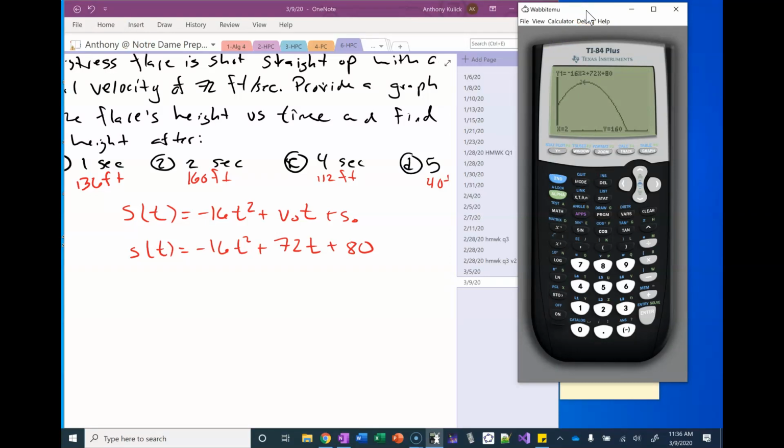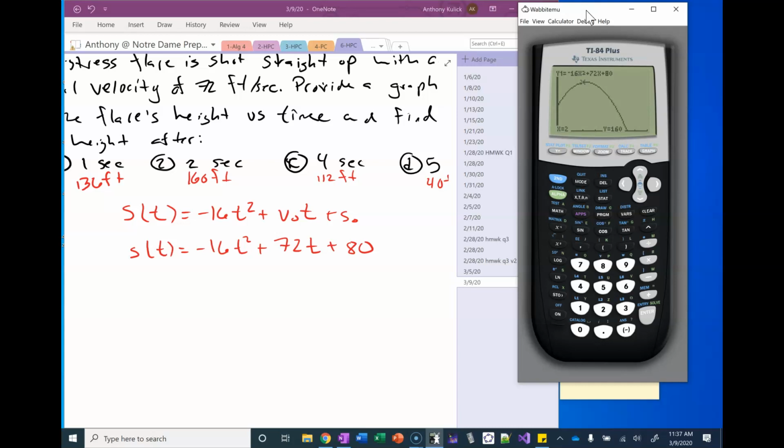What if I wanted to actually graph the actual path of the flare? Can I do this with my calculator in function mode? No, because I would need 3 variables, right?